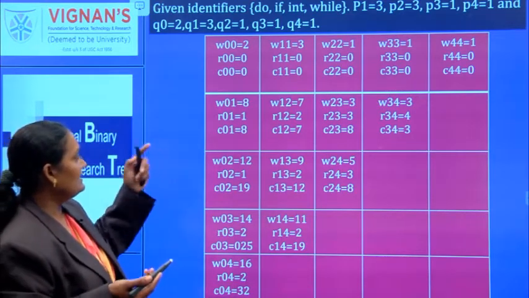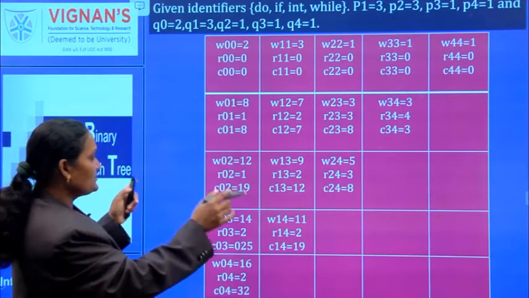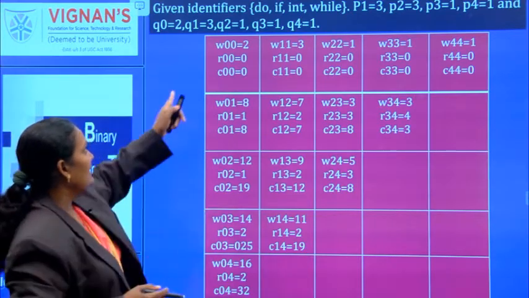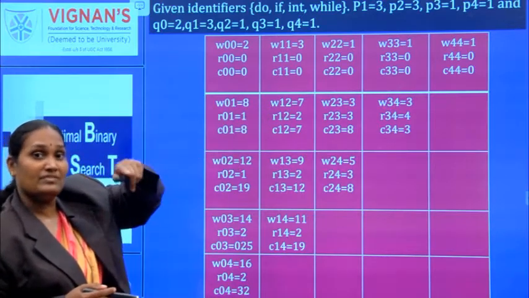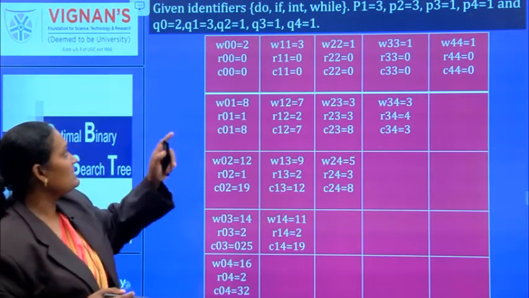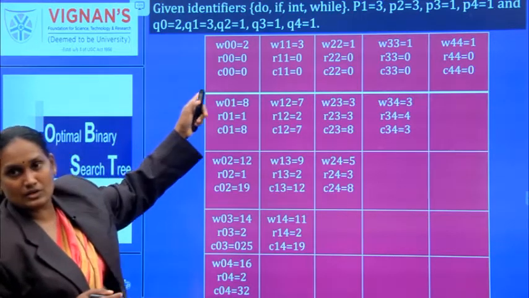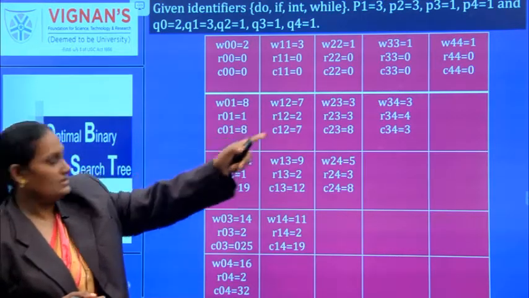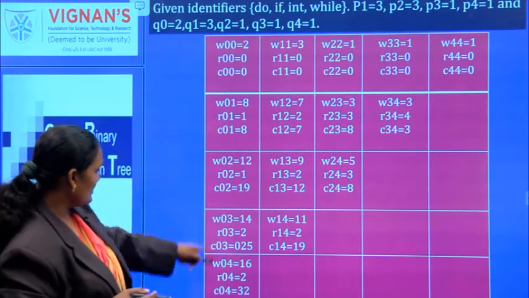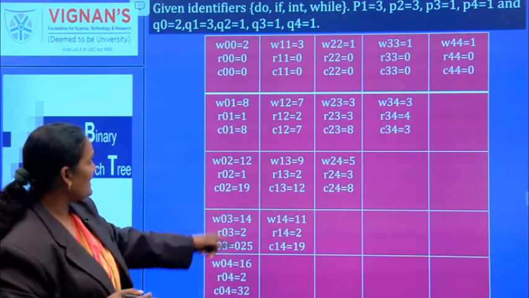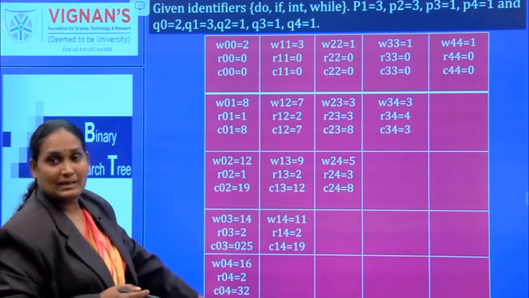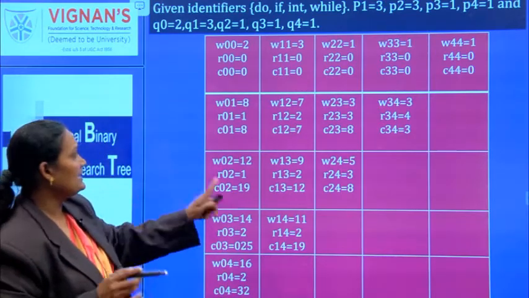Here I did that tabulation. The size of that table is W00 to W44. Suppose if you are given 5 key elements, the table size becomes W00 to W55. Here in this case it is W00 to W04, but with 5 key elements it becomes W00 to W05. Like that you need to calculate.